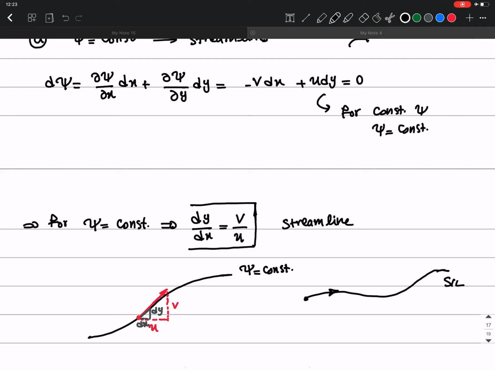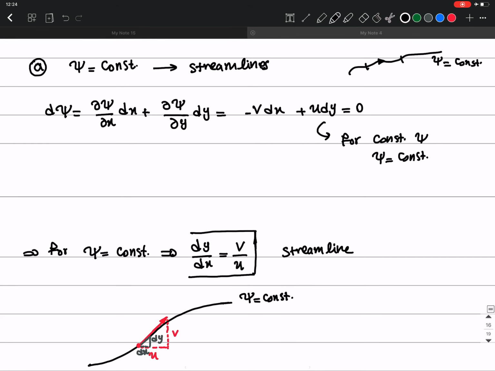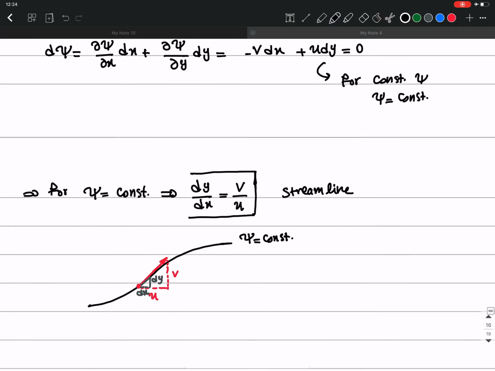And so we are actually now on a streamline of the flow. So psi constant actually means a streamline. So these constant psi's actually represent the streamlines in our flow. Okay, so this is an interesting property of stream functions, and that's why we call them stream functions, because these functions actually represent the streamlines in the flow.